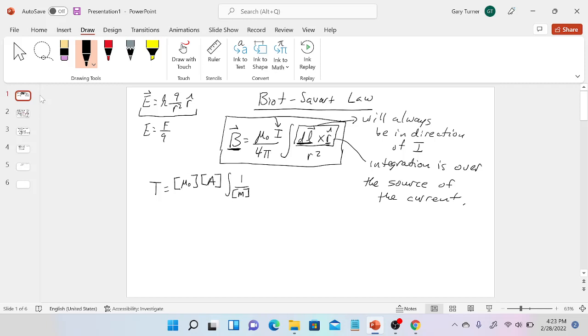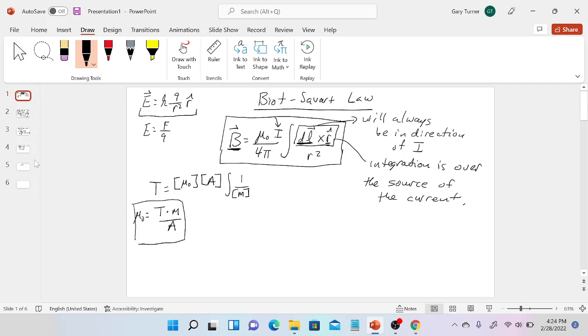And this may or may not be useful. But the end result is that the units on mu are Teslas times meters per amp.